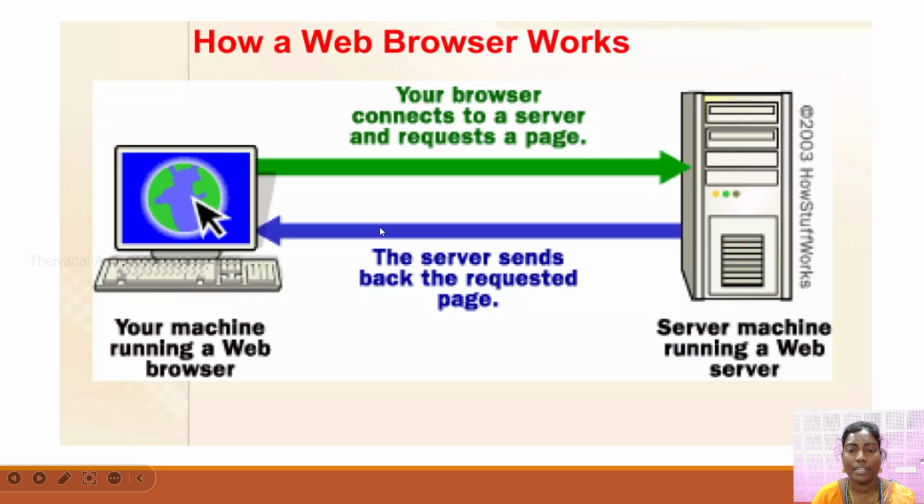This slide represents how a web browser works. Here is a machine running a web browser. For example, we open Google Chrome and request a link. For example, to find out what is meant by web browser, we type web browser in the address bar.